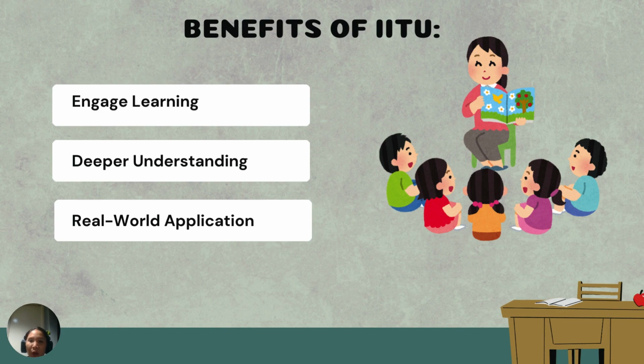And lastly, we have here real-world applications. Here it encourages students to see how the knowledge and skills can be applied to real life situations. It is not only applicable in the four walls of the classroom, but it is also beneficial and useful outside the classroom.